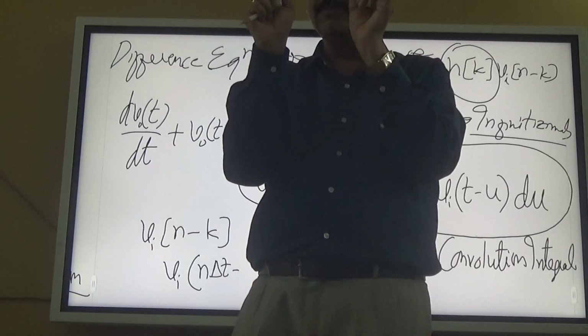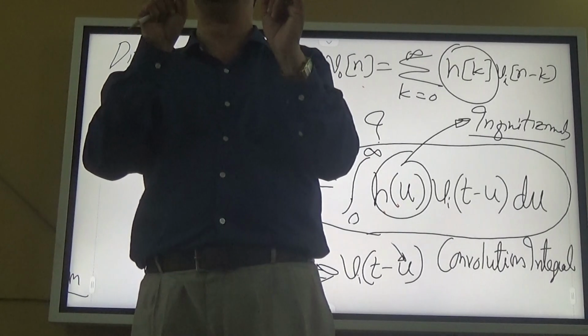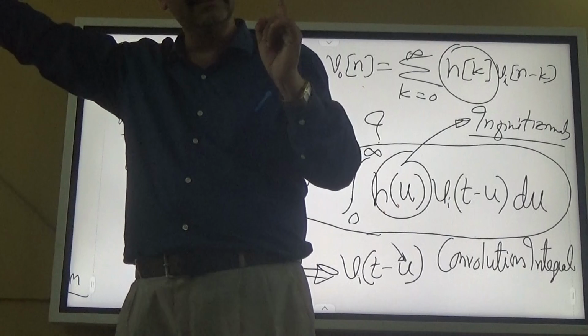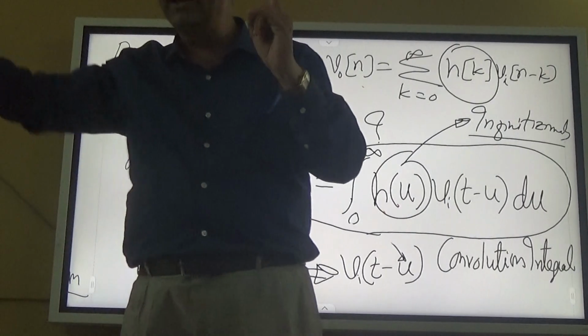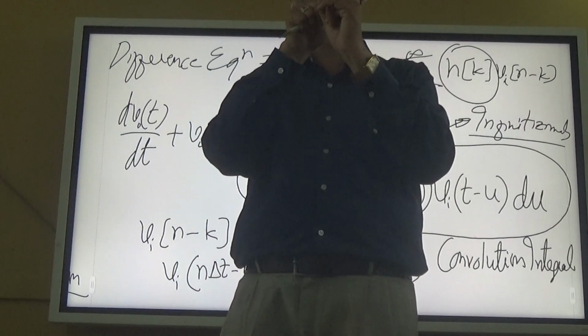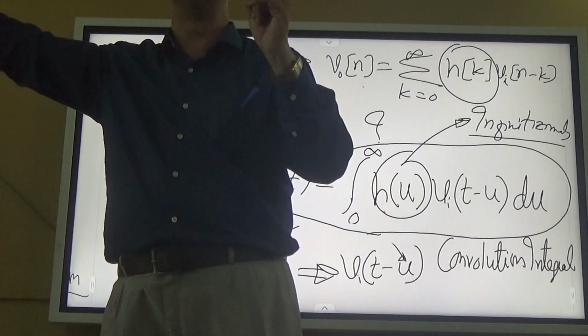So the number of points in the earlier case, 1 centimeter back, 1 centimeter back, these are countable, but again infinity, they are countably infinite. And in the continuous case, immediate previous point, immediate previous point, these are again infinite, but these are uncountably infinite.